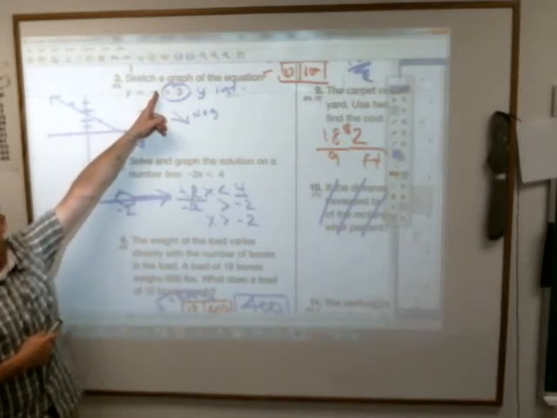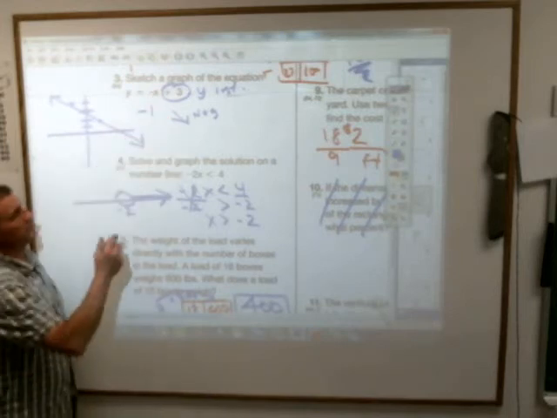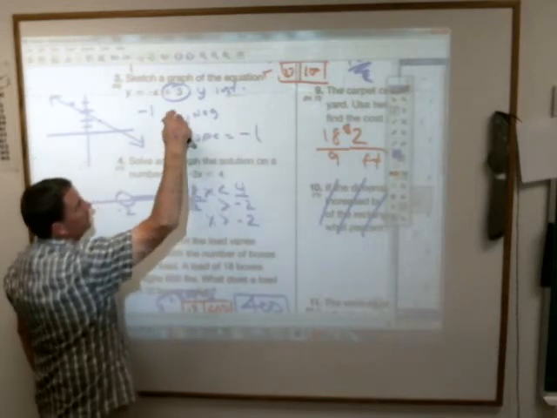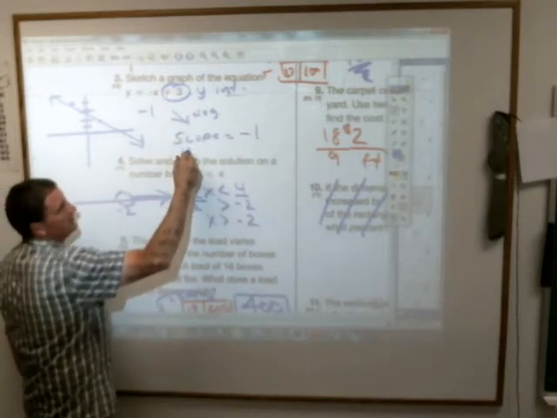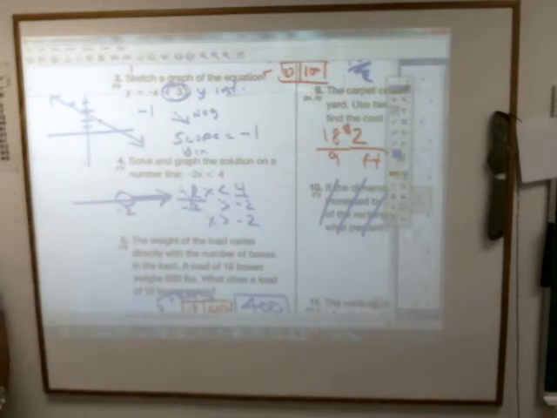You don't see one, but anytime you don't see a number in front of a letter, there's always a 1 there. So the slope is -1, whatever's in front of the x. The y-intercept is this number that's always by itself out there, 3. Given those 2 things, you can graph any line.